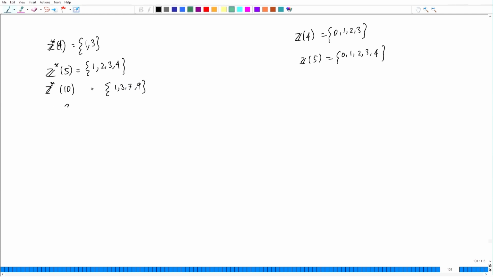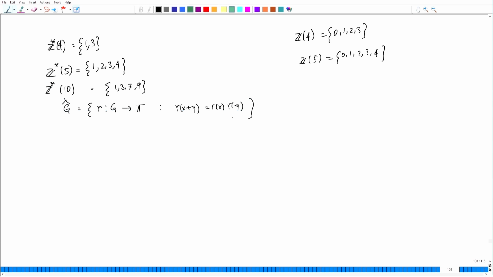Now, recall that we have defined the G hat for a finite abelian group G as the set of all gamma from G to T such that gamma of x plus y is equal to gamma x times gamma y.